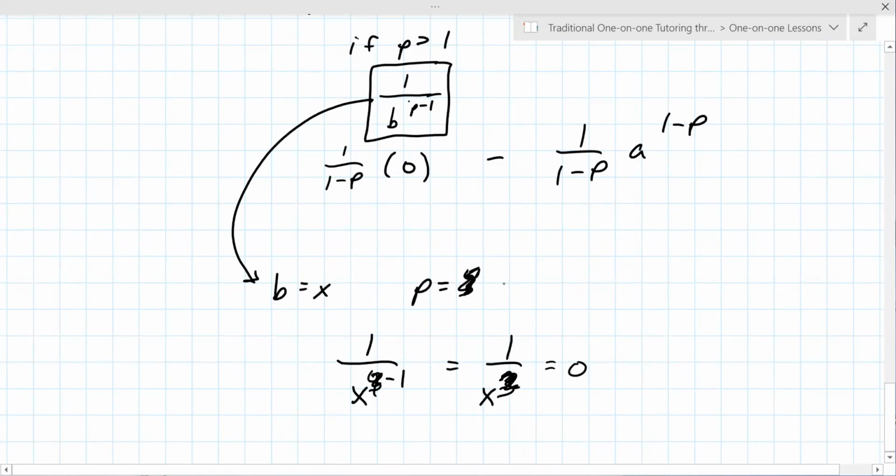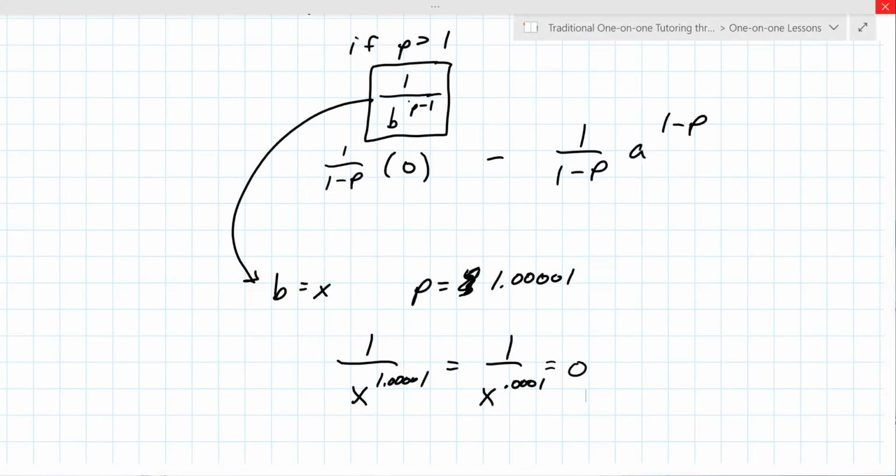And even if it's 1.00001, when you subtract 1 from it, you still get a number, and the expression eventually goes to 0 as X goes to infinity. Even if it's like that, it still goes to 0 eventually. That's the idea.